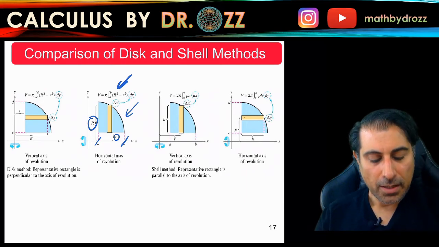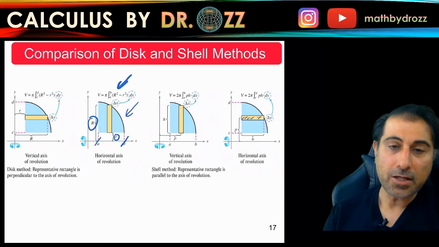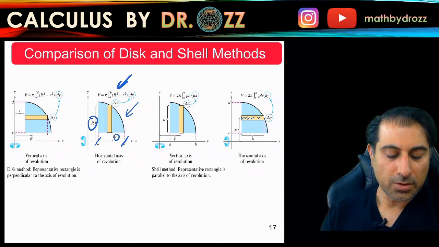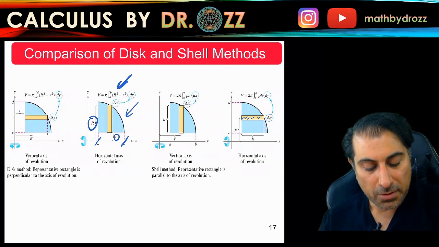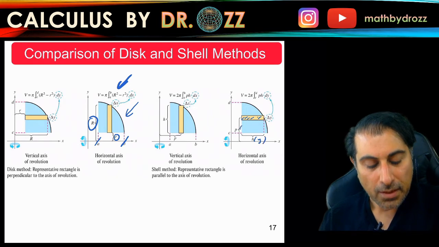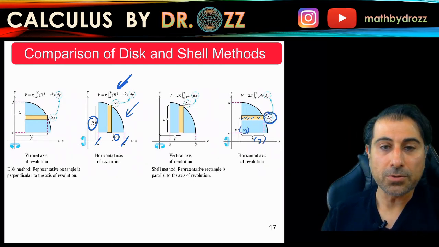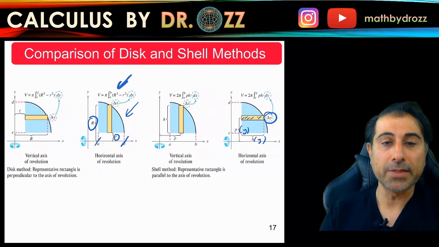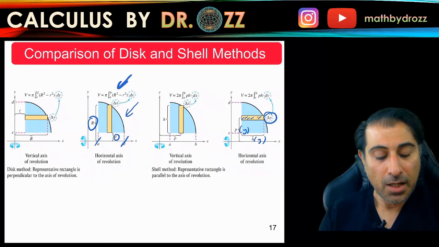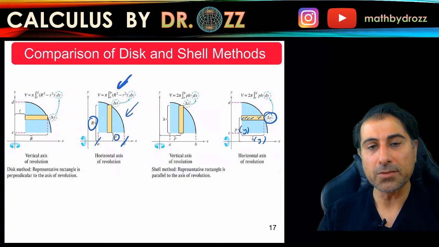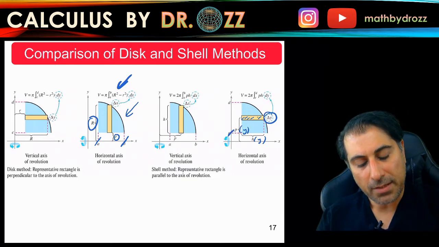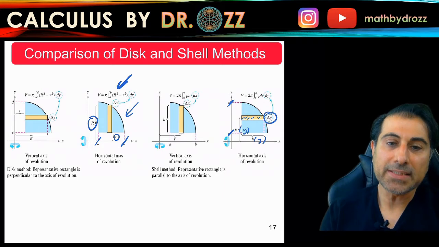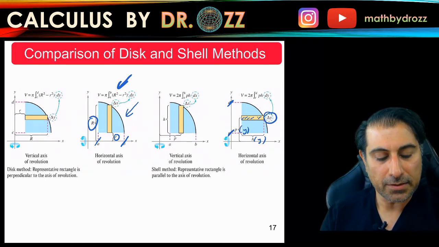Whereas in here, you need p and h, the radius and the height of the shell. Again, these are supposed to be written in terms of y in this case, because the integral depends on y. The formula goes 2 pi times the radius times height times dy. But this time, since everything depends on dy, you're going to look at the y min and y max values within that region, and these are c and d in this case.